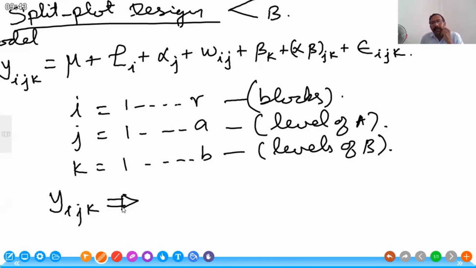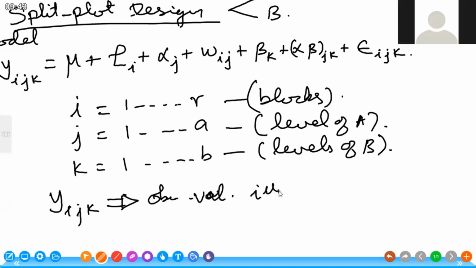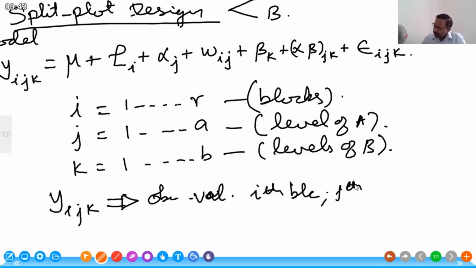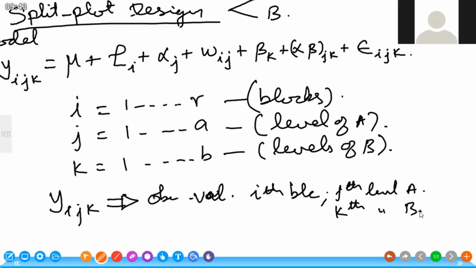Then before talking about level of A, jth level of A. So we could say observed value of ith block, jth level of factor A, and kth level of factor B. You can write down. You'll have to include all this: jth level of factor A, kth level of factor B, and so on.